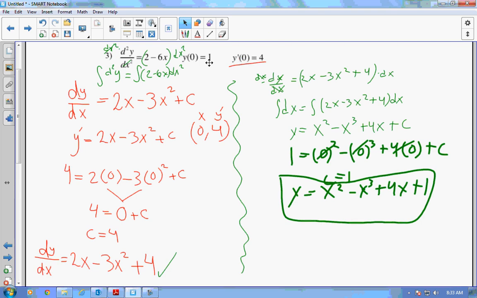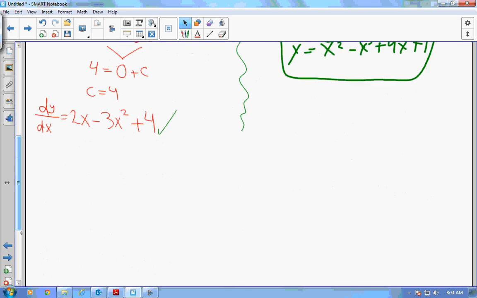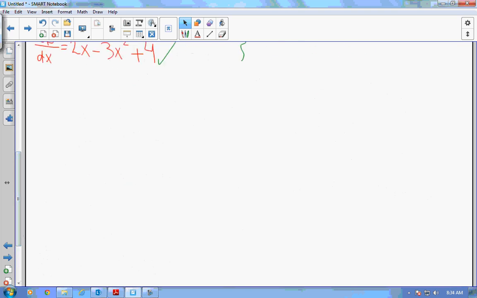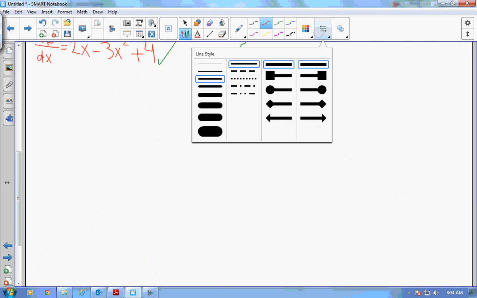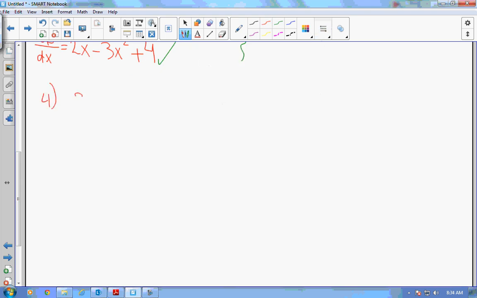Okay. At the bottom, or maybe on the side, wherever you have room, this one's not long. One more. Number 4. Solve the initial value problem using the fundamental theorem of calculus.